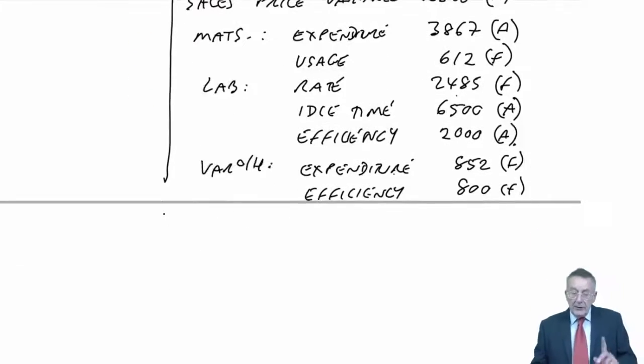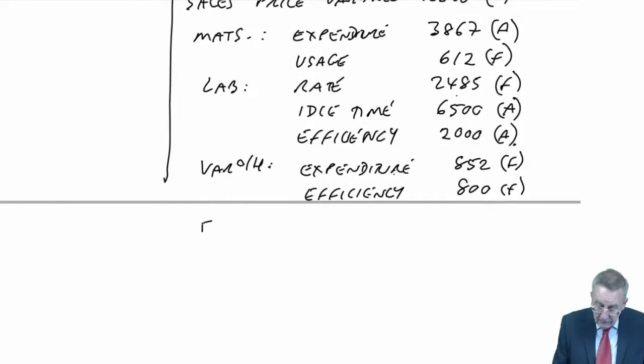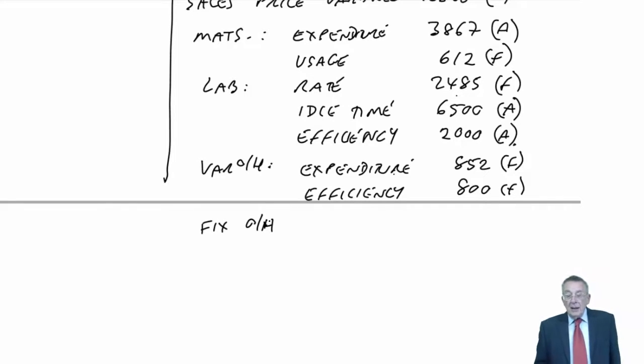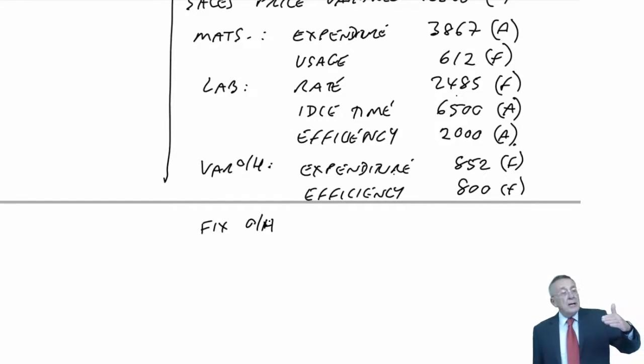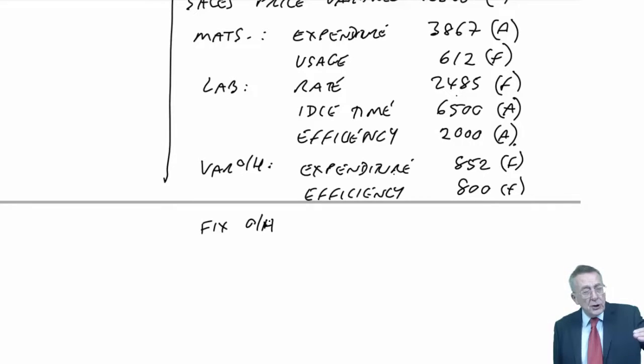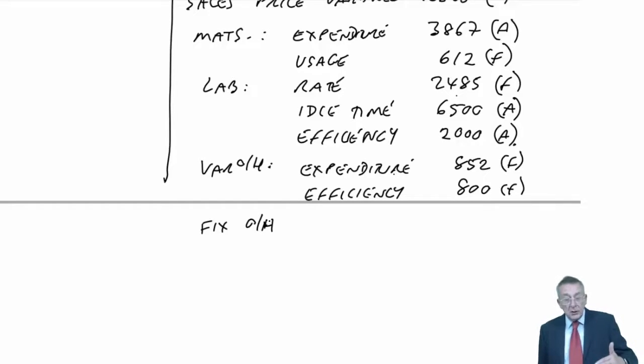However, the other change, fixed overheads. It starts off okay. Fixed overheads, remember, should stay fixed. And so, when we looked at the expenditure variance using marginal costing, we simply looked at the difference between the actual total and the budget total.